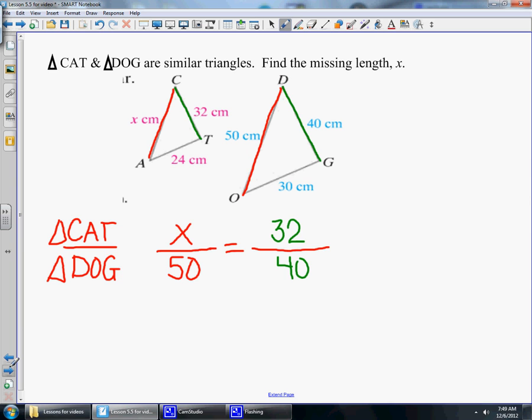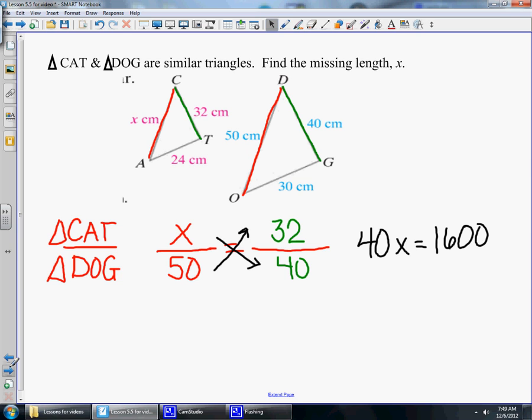And then we just follow our recipe for solving proportions. We're going to cross multiply and set the cross products equal to each other. So x times 40 is 40x, and 50 times 32 is 1,600.